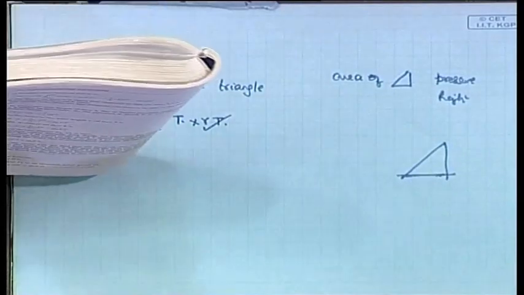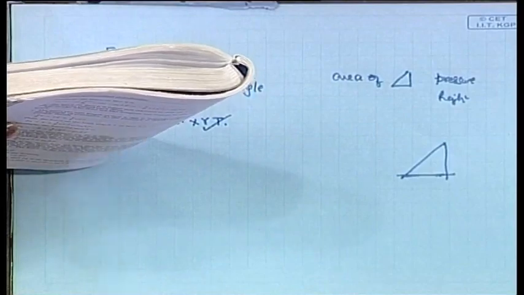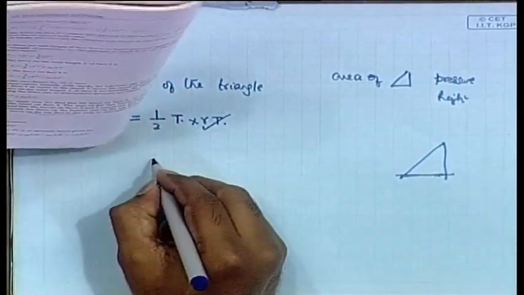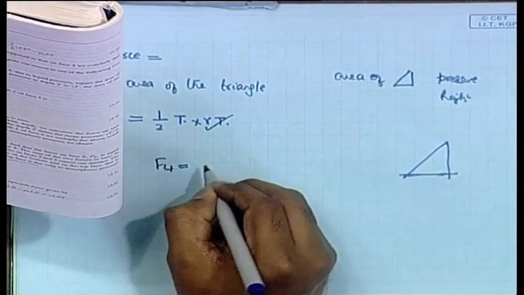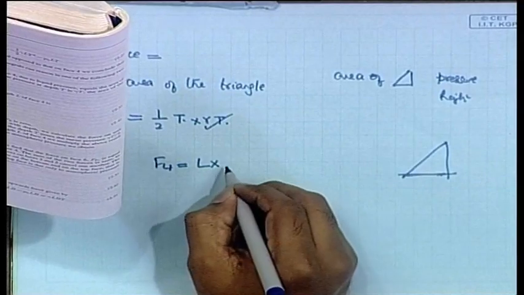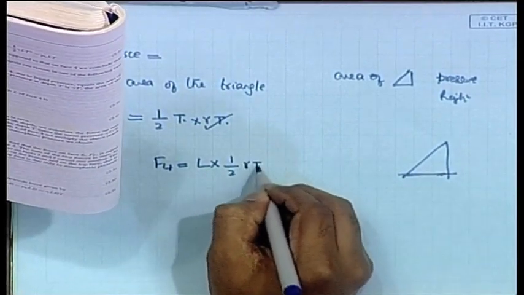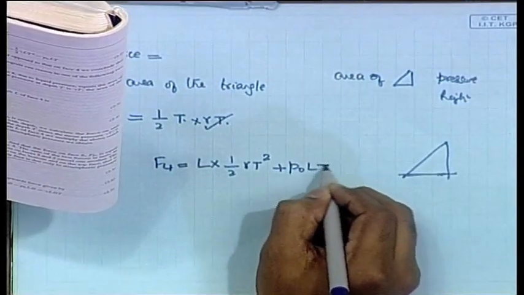We are using the concept that area is actually equal to integral y dx. So, that will give you the force. In this way you are getting the same thing. You will end up getting F4 equals L into half gamma T square plus, of course, atmospheric pressure you have to add.